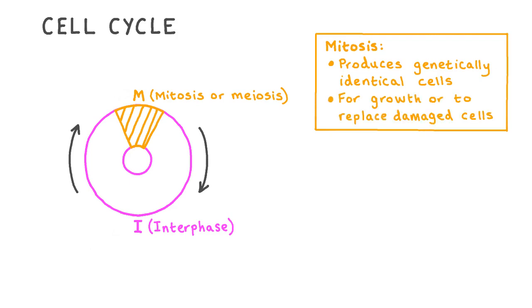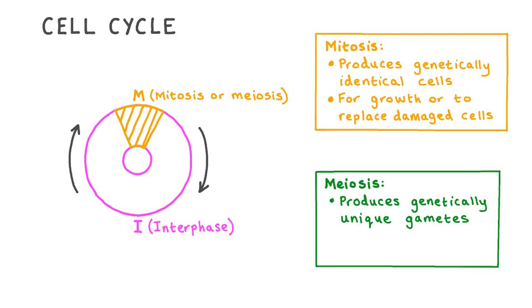It's how an organism grows and how cells are replaced if they become damaged. Meiosis, on the other hand, produces genetically unique sex cells, which are known as gametes. Gametes contain half the genetic material of a parent cell and are needed for sexual reproduction. This is where one gamete fuses with another gamete from the opposite biological sex, and the genetic material of the parents is passed down to the offspring.